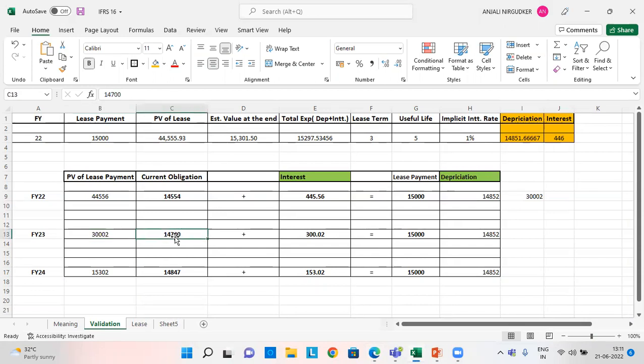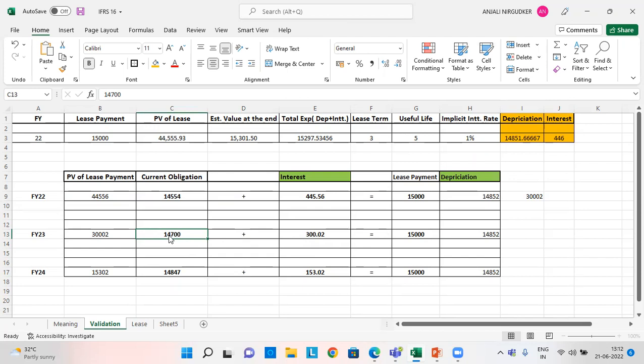Now check the current obligation amount, which is 14700. How is this derived? We have calculated the 1% interest on the remaining amount of 30,000, which is 300. After subtracting that from 15,000, it comes to 14,700.